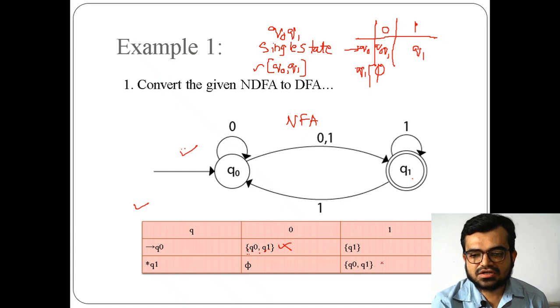That means here also it is violating the property of DFA. So instead of taking these two states, we can take the single state [Q0, Q1], so that the same value 1 points to a single state [Q0, Q1].